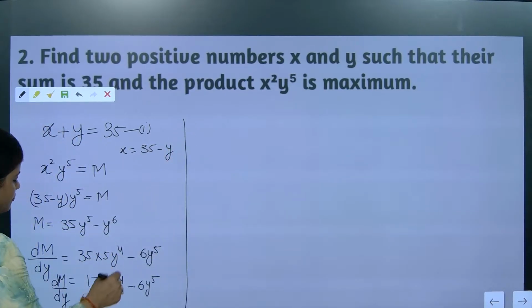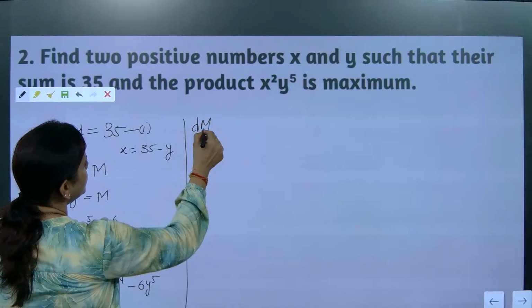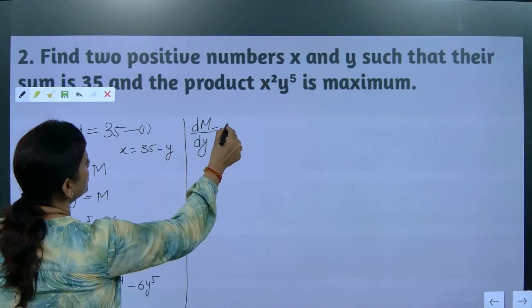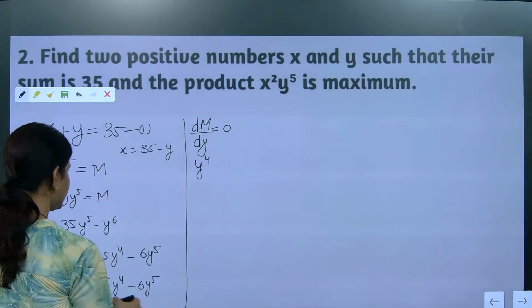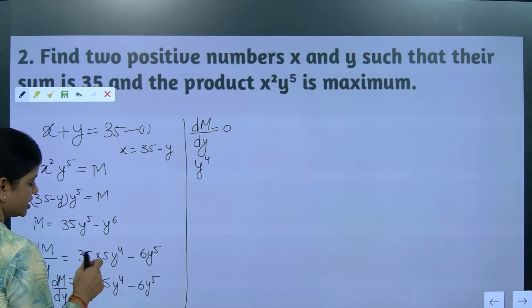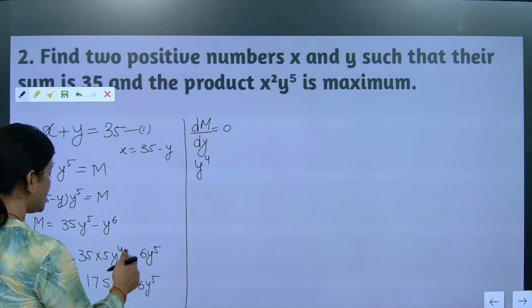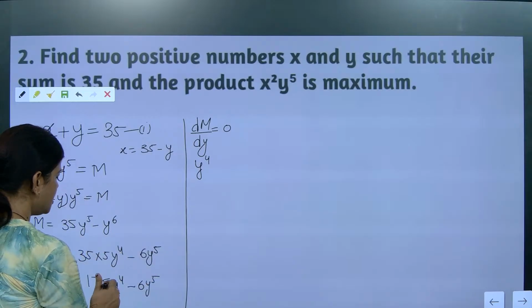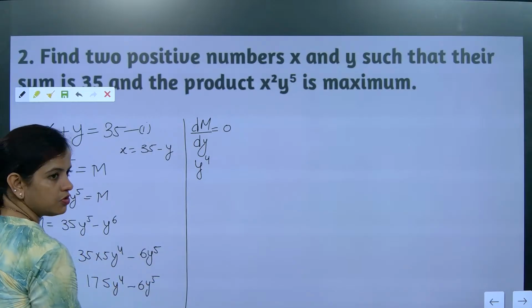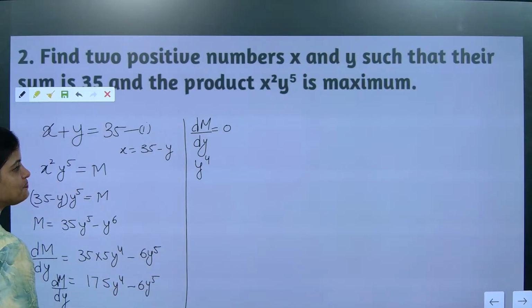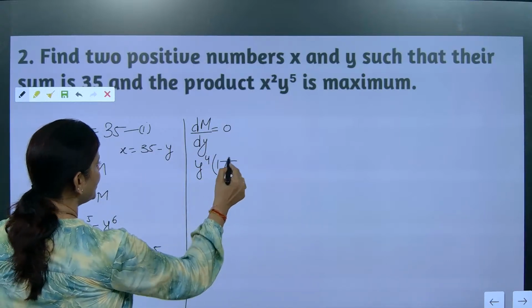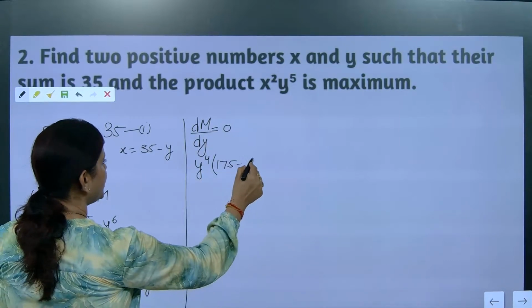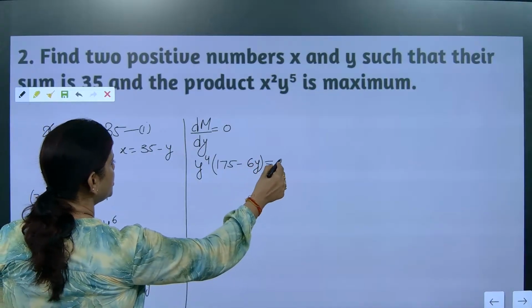This question will come for MCQ, please. So dm by dy equal to 0. So here y4 you take common. It is coming as 175 minus 6y equal to 0.